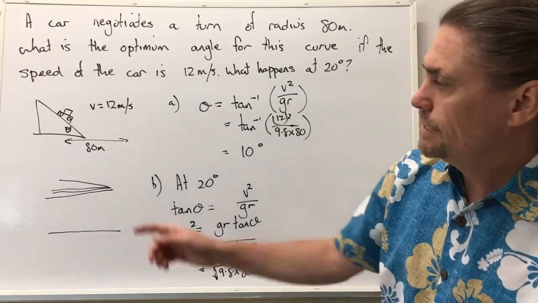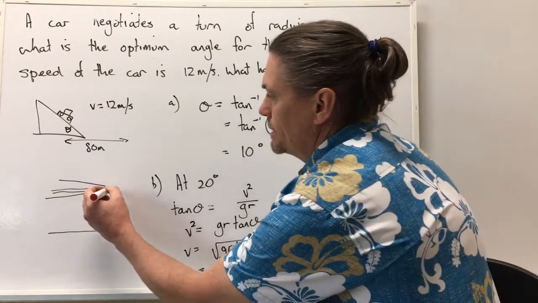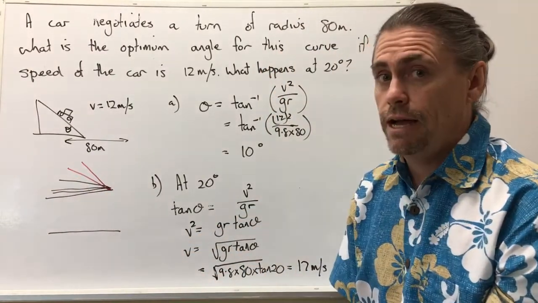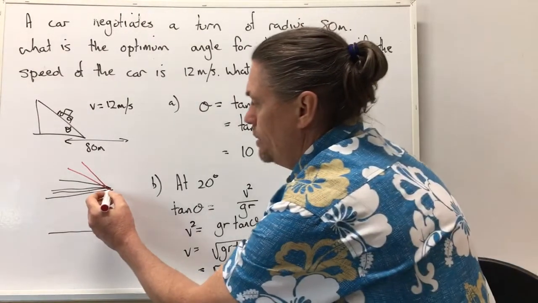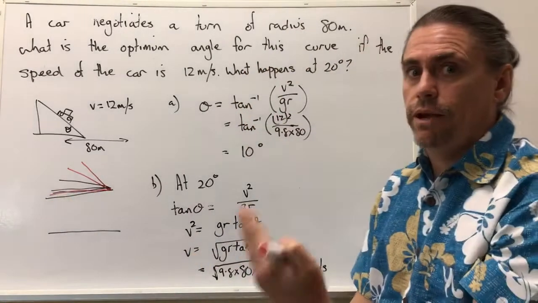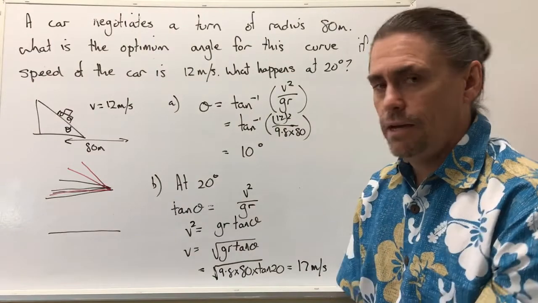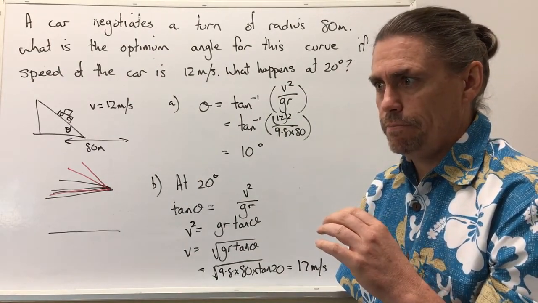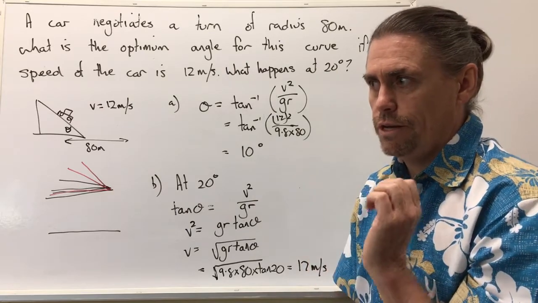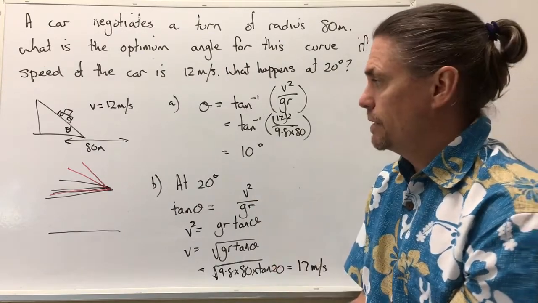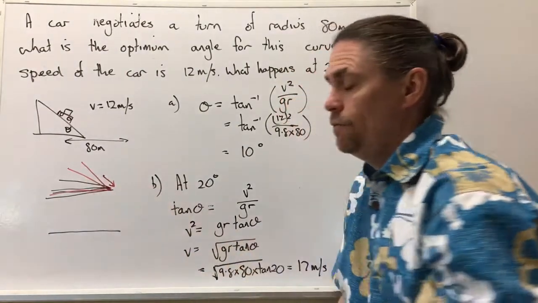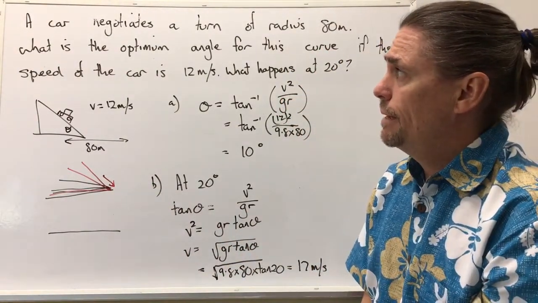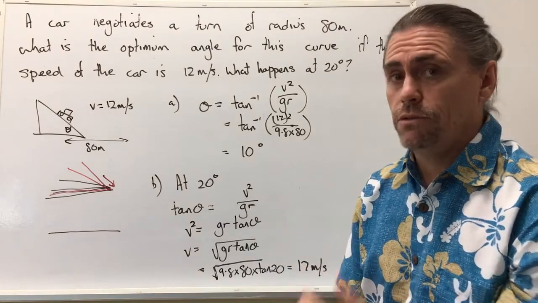So what this is telling us is that if we increase this angle, we need to actually travel around that curve a lot faster. And obviously if we decrease the angle, we can travel around that curve a lot more slowly. And that makes sense, because if we increase the angle, we know that we'll slip down here if we don't have enough speed. So that's how banking angles are actually used.